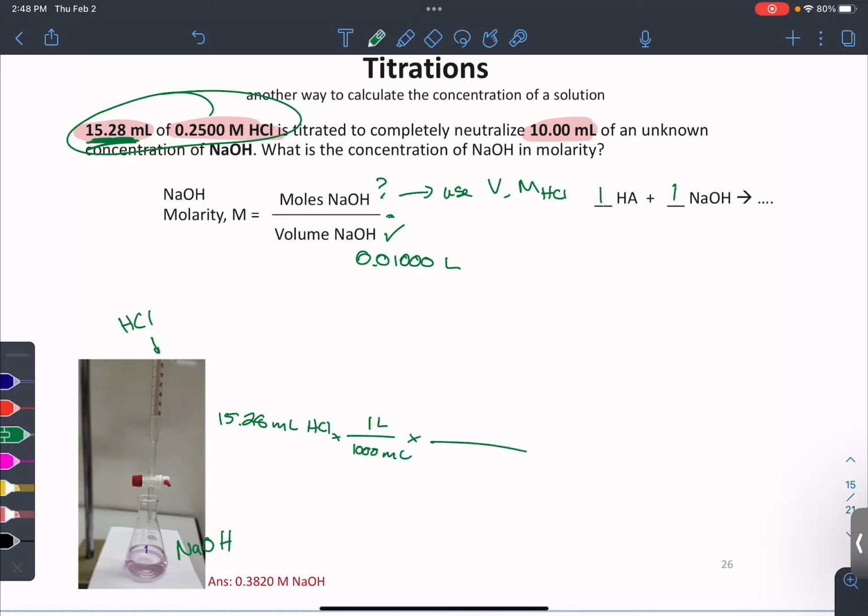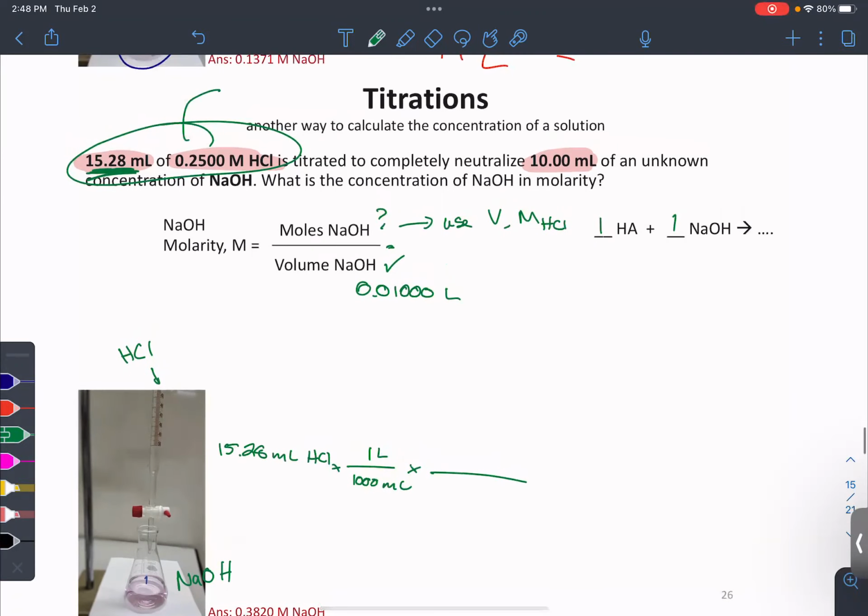I need to do that because the concentration of HCl, just rewriting it, is 0.2500 moles of HCl present in 1 liter of solution. So I'm going to put 1 liter on the bottom here and use molarity, 0.2500 moles of HCl.